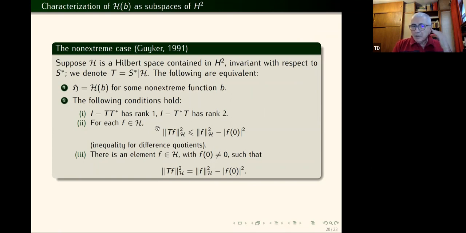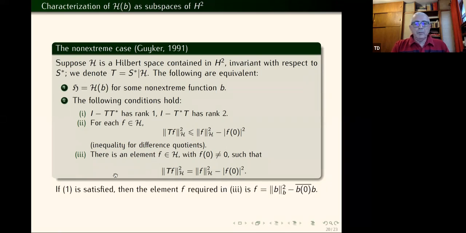We haven't met them, but they are quite familiar to people working in the area. We have the inequality for difference quotients in general. And moreover, there is an element for which we have equality. So I can just tell you that for the element in 3, you can put this formula.